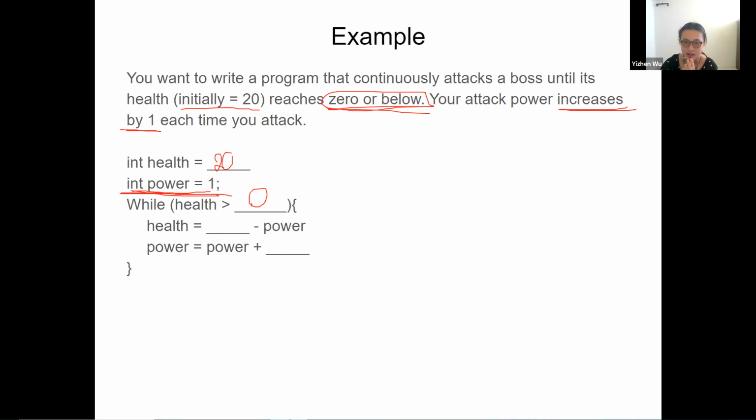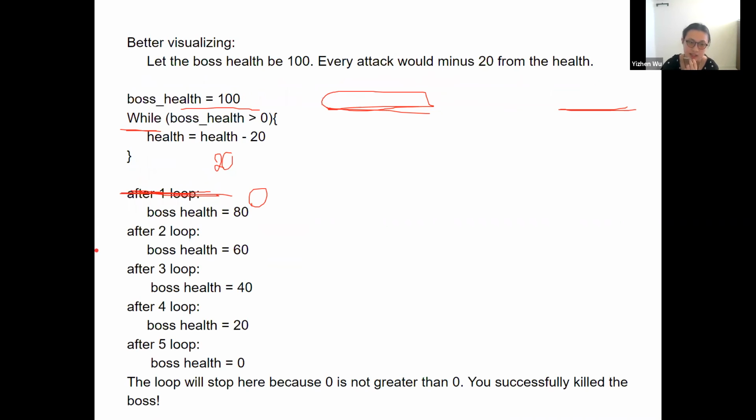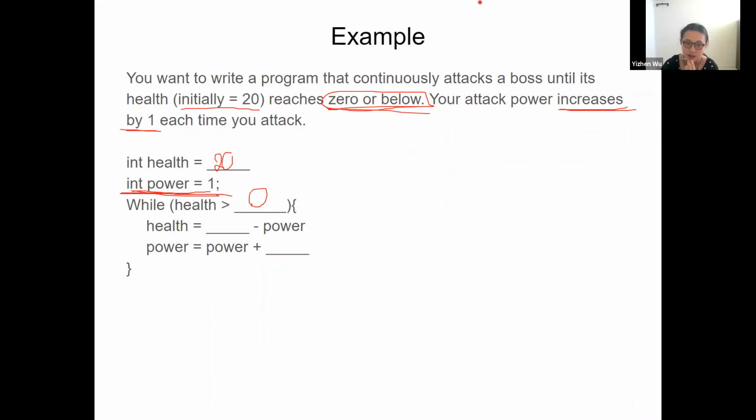Maybe try to remember what we did here. This is almost exactly the same loop. So what would this blank be? I think it's health. Yes, that's right. I'm just going to write an H because it's too small.